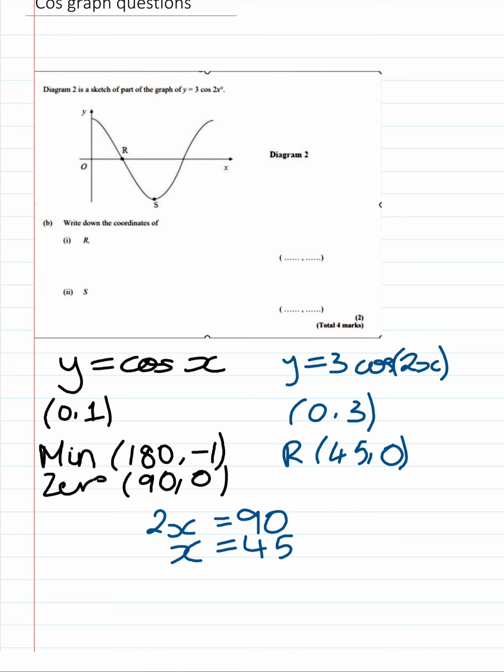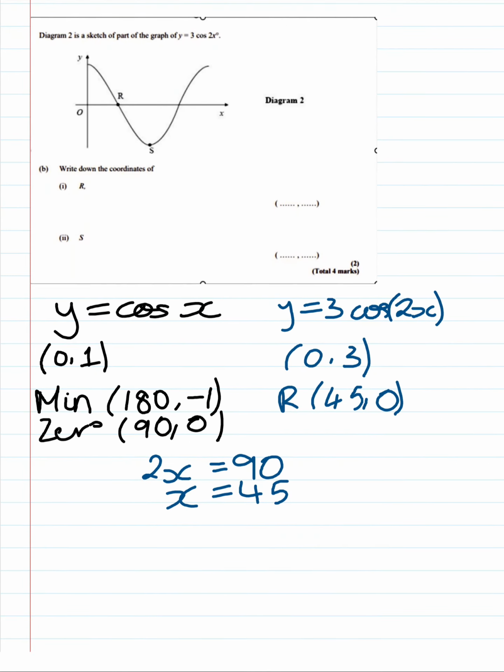Next, point S is the lowest point of the cycle. This happens at 180 degrees for a normal cos graph, but we need cos of 2x. This time, we're solving 2x equals 180, which gives us x equals 90.